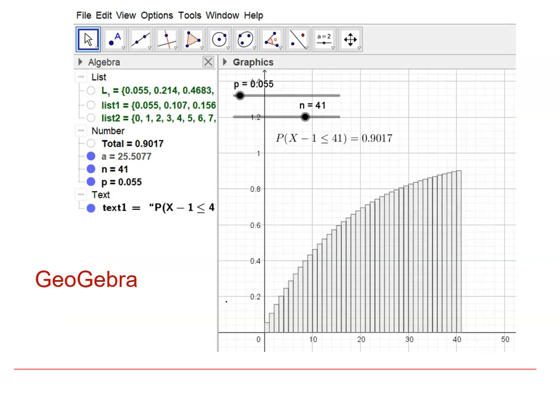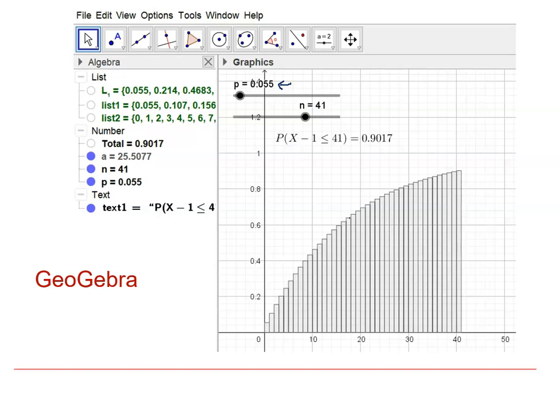Just as we did before, looking at geometric probabilities on GeoGebra, and this time setting our p as 0.055, we can look at a different range of values for n, for how many failures, if you like, or non-successes or non-defective items we need to happen.